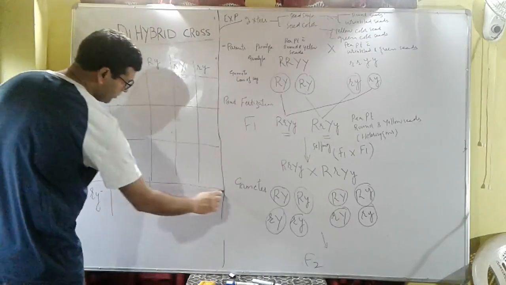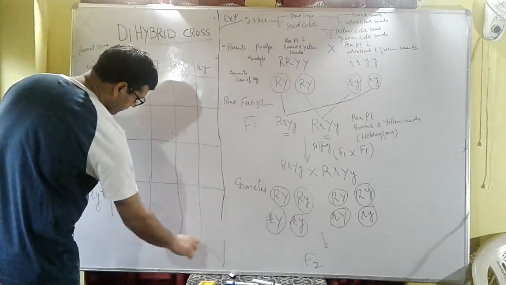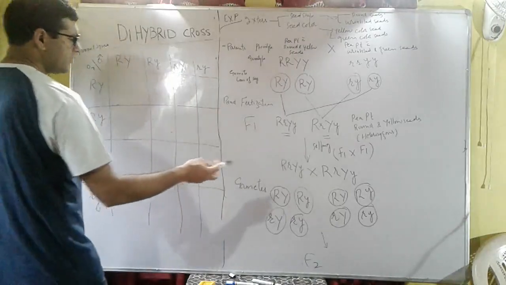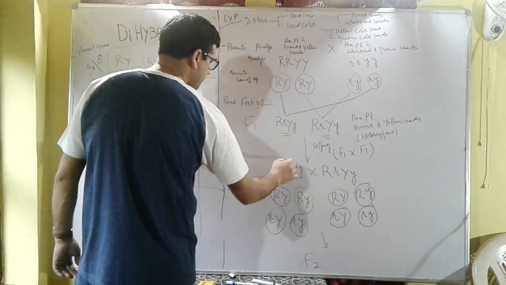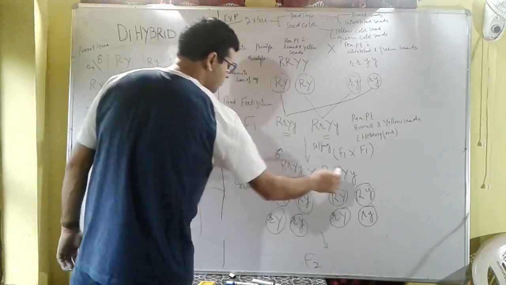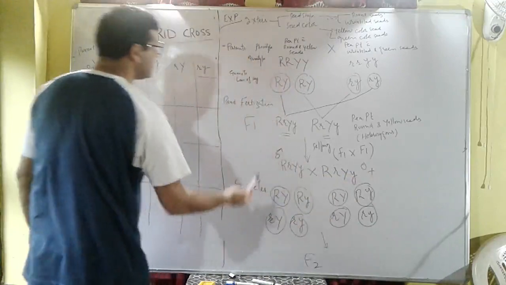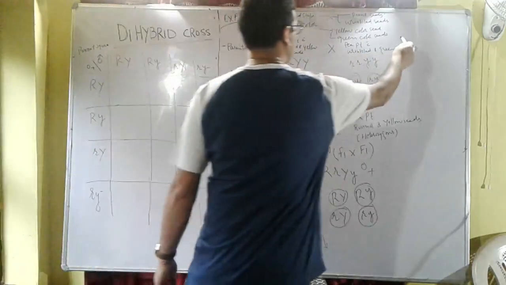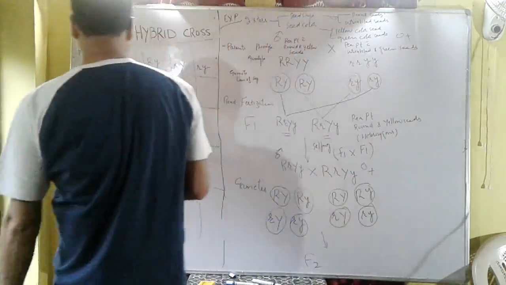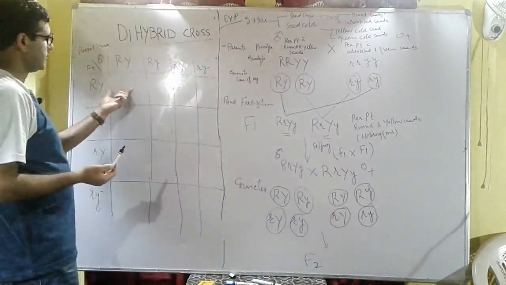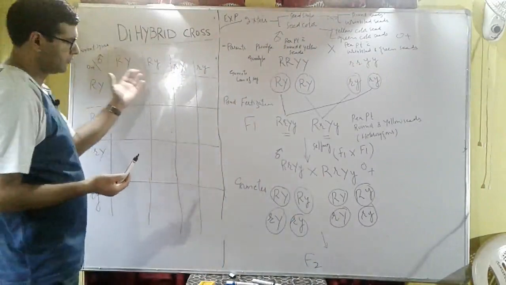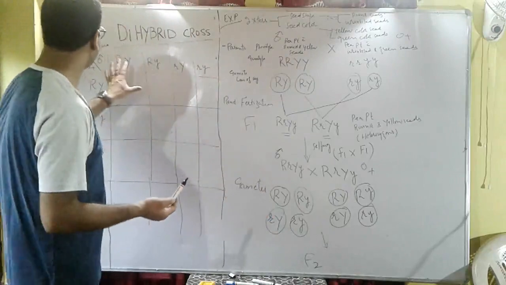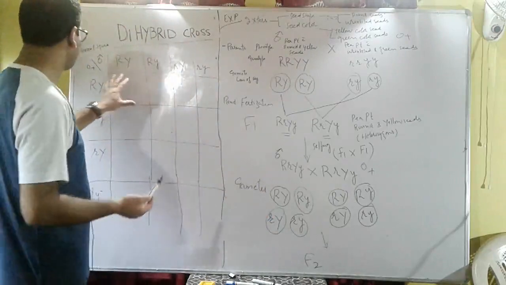They'll make a cross. You can take this as male and this as female. Now we'll make the cross and explain it with the help of a Punnett square.